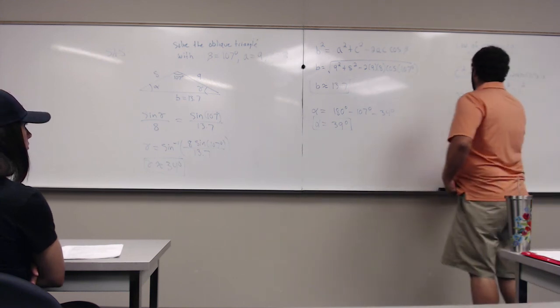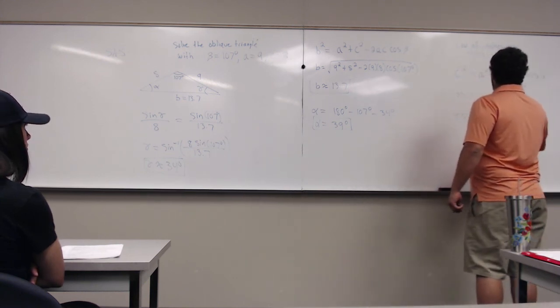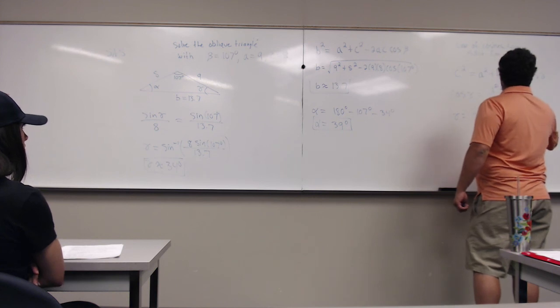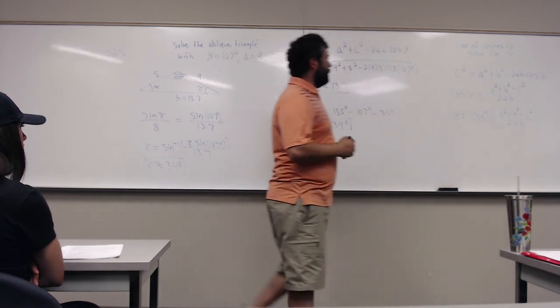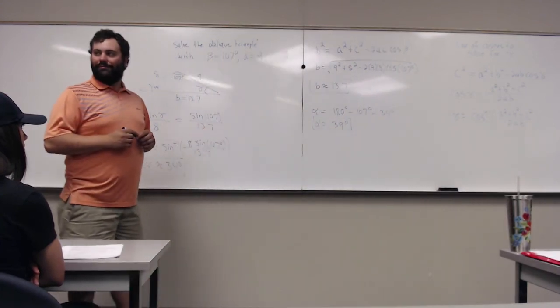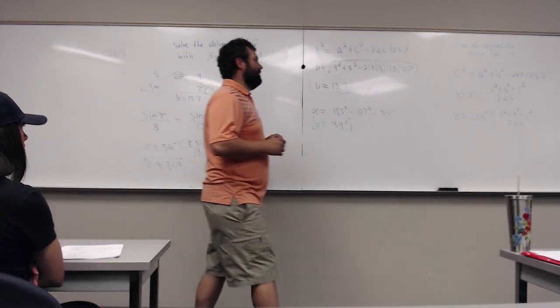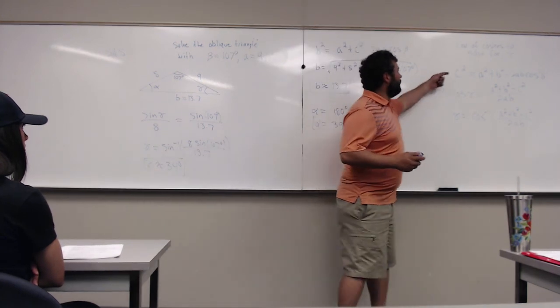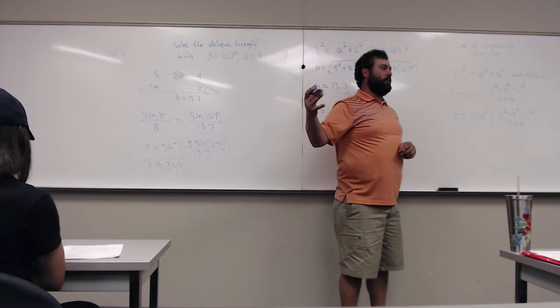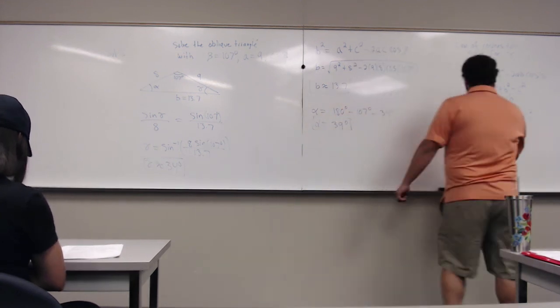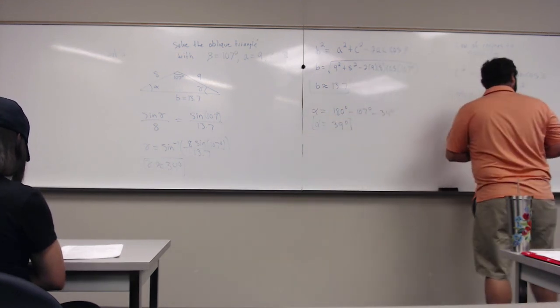Yep, so gamma would be arc cosine, or cosine inverse, of a squared plus b squared minus c squared over 2ab. It's probably good practice to write this down as many times as you can to help you remember it.